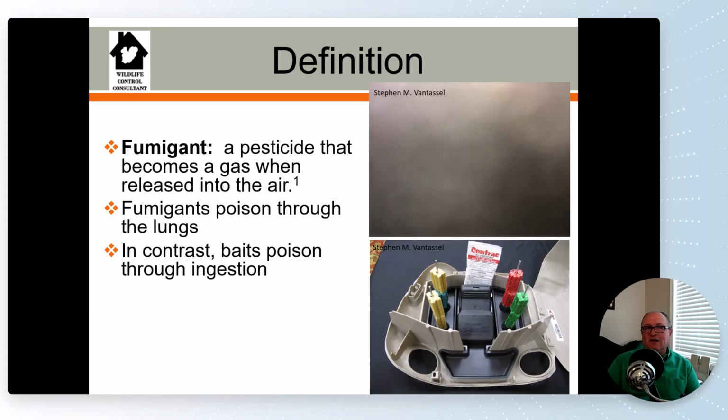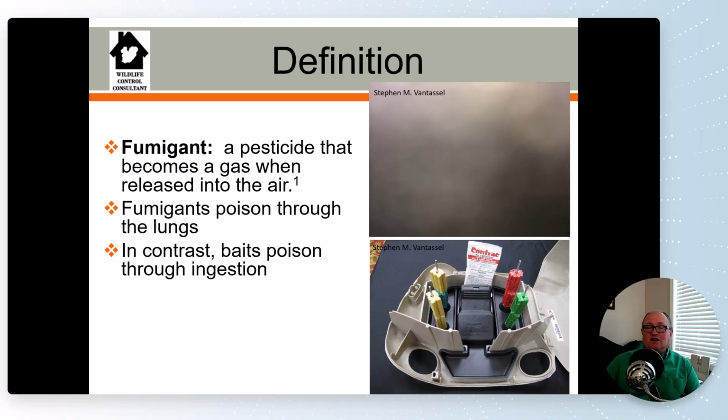So let's get started. First thing we need to do, of course, is understand what is fumigation to begin with. Fumigation is a type of pesticide application because it uses a different formulation. Many of us are familiar with baits, for example, like rodenticides, or perhaps sprays, which use a liquid form. Well, with fumigation, you're using a gaseous form, so it poisons the organism by utilizing the animal's breathing.